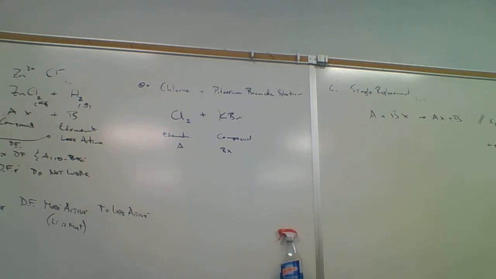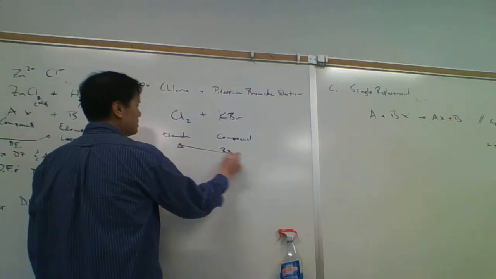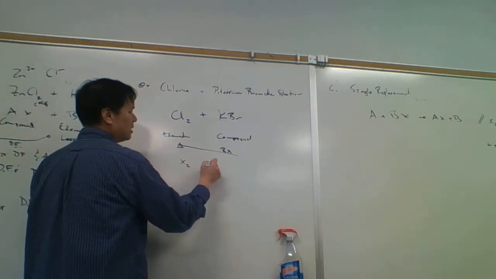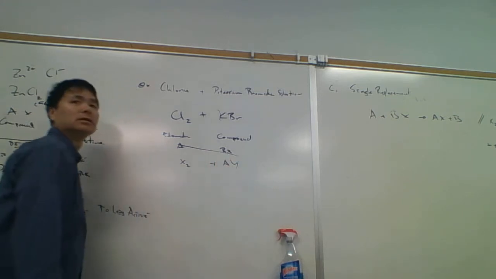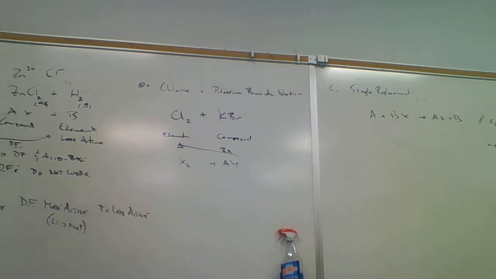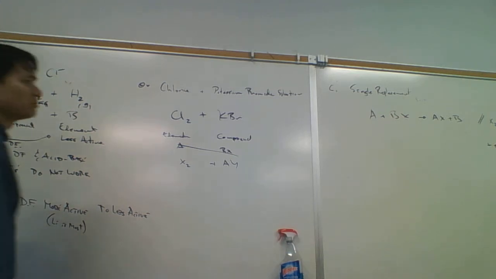But it's wrong. This is not an A plus Bx type reaction. You know what it is? This is the wrong pattern. This is the X2 plus AY pattern. If it's the X2 plus AY pattern, what forms?